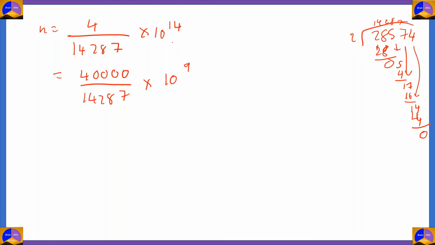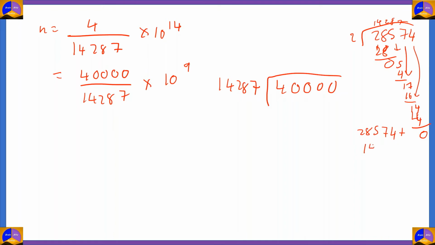So 4 into 10 raised to 14 will be the same as 40,000 into 10 raised to 9. So let's now divide 40,000 by 14287. So 14287 times 2 is 28574.